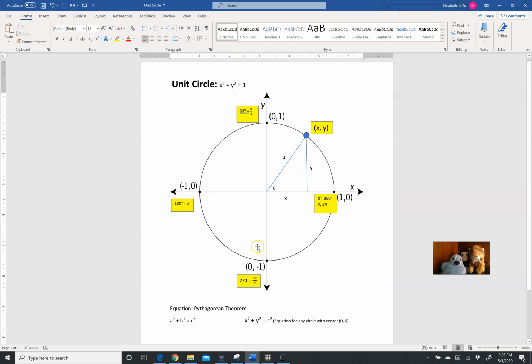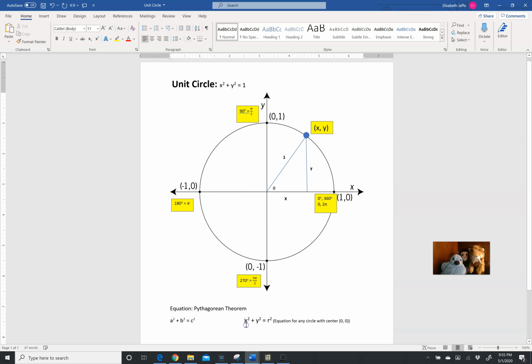Okay. Now we said that we could do the equation for any circle with center 0, 0. The equation would just be x squared plus y squared is equal to r squared. So instead of having a radius of 1, we have a radius of r.